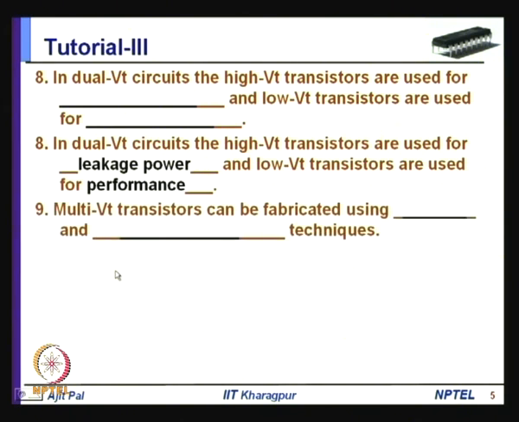Okay. Coming to question number 9, multi-FET transistors can be fabricated using dash and dash techniques. So, I have discussed several techniques by which you can realize multi-FET circuits, that means transistors with multiple threshold voltages.